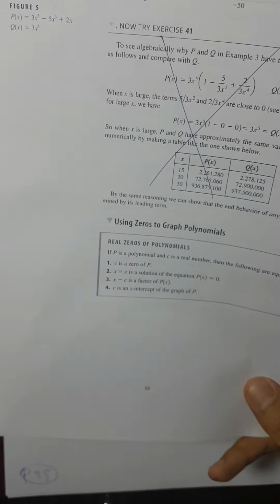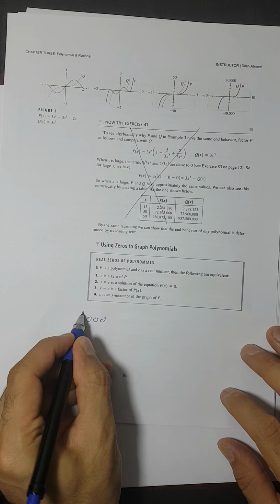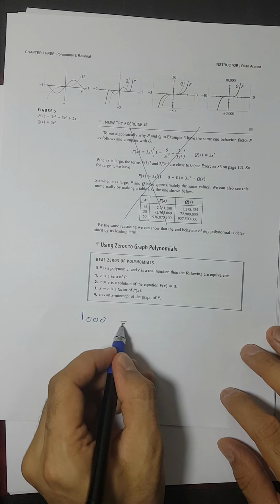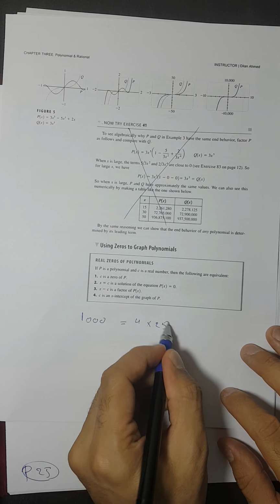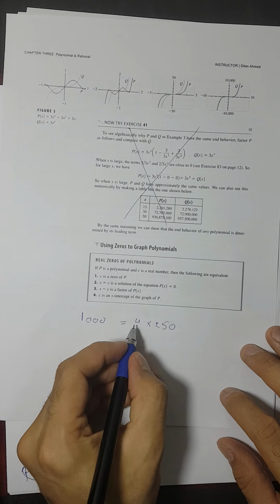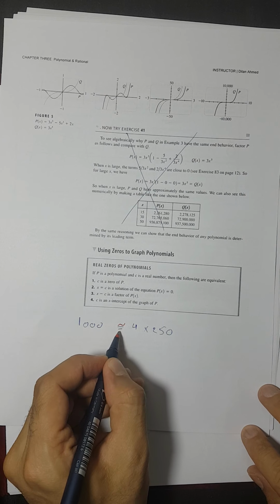When we say equivalent in mathematics, it means, for example, we have 1000, and we say it is equal to 4 multiplied by 250. So they are equal. In mathematics, we say they are equivalent. Why?